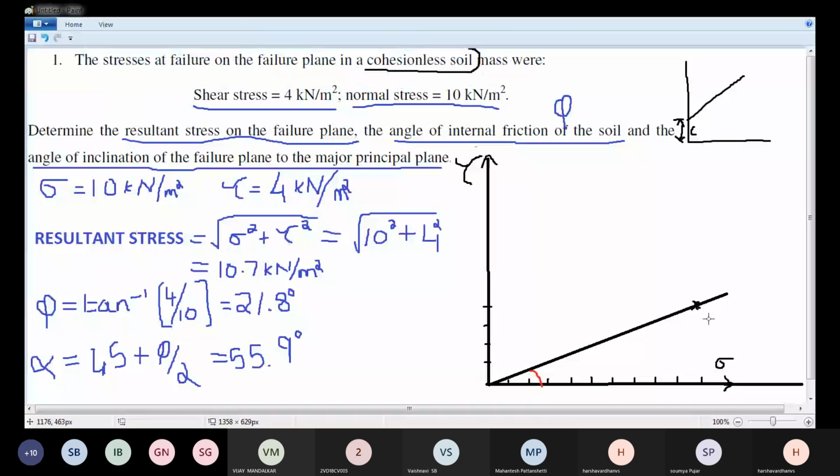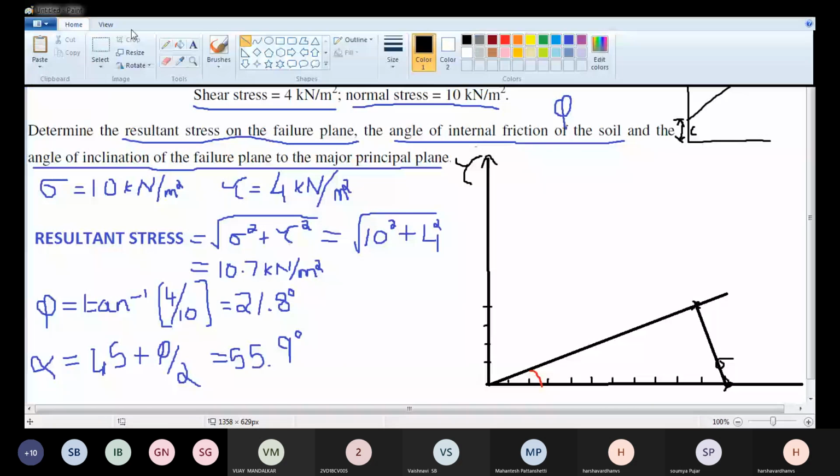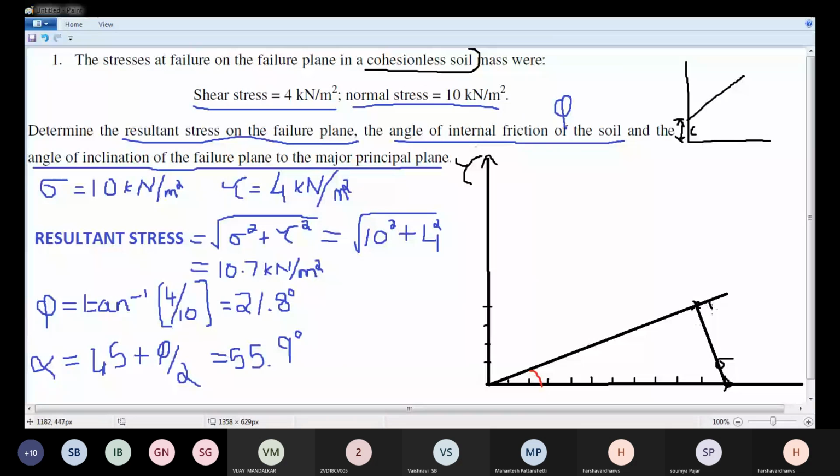We know that the Mohr envelope is tangential to the Mohr circle. So at this point, draw a perpendicular. This is a perpendicular line, drawn at the failure point. This is the failure point.